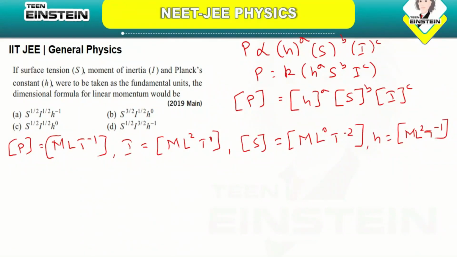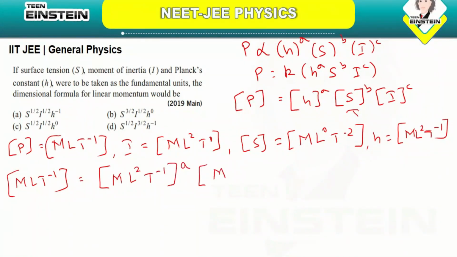Okay. So if you substitute these dimensions in equation 1, you will be getting M L T minus 1 is equal to h is M L square T minus 1 per a, S is M T minus 2 per b, and M L square per c. Okay.